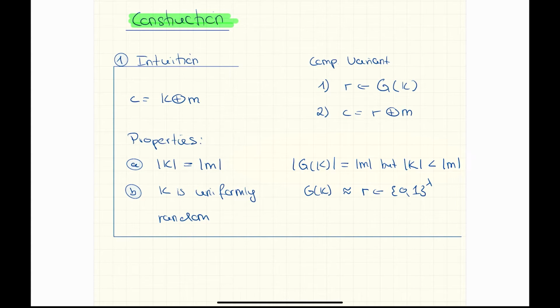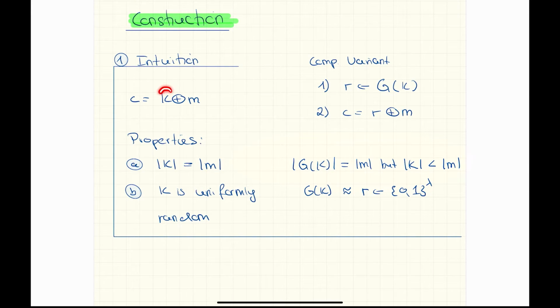So let's think about the properties that this actually has. First of all, the size is the same as we just discussed. And the second property that we have and require is that the key K is uniformly random. And this makes sure that essentially the ciphertext that we are obtaining by performing this computation is also uniformly random as well.